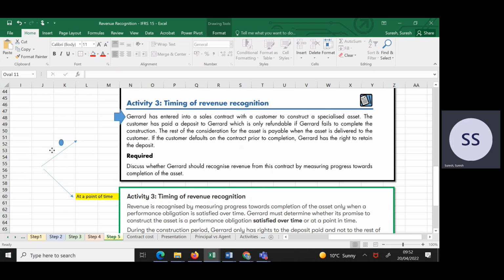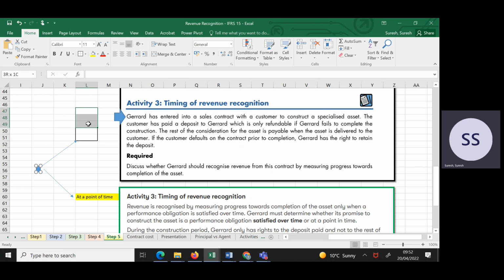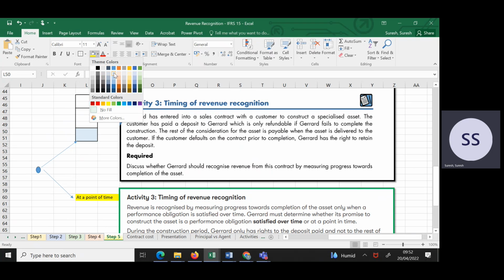And on the other hand, sometimes performance obligations can be considered as completed over a period of time, right? Say, for example, I have promised to build you a 3-story building, and when I completed the first story, I let you in, and you were occupying this property while I was continuing the building.